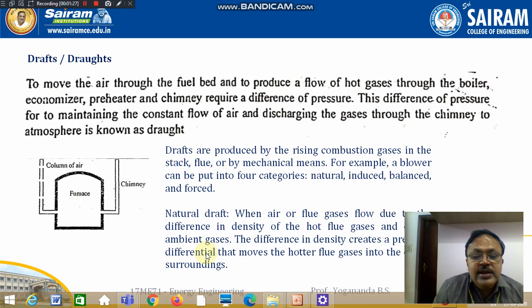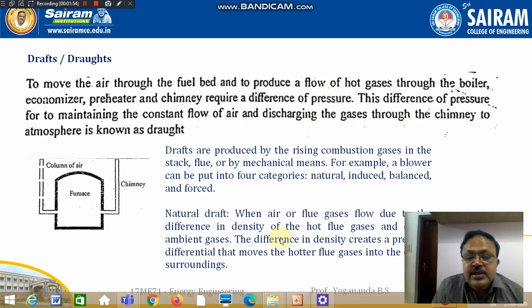Natural draft is when the air or the hot gases flow due to the difference in the density of the hot gas. The gas at high temperature has a density naturally less than the cooler gas.